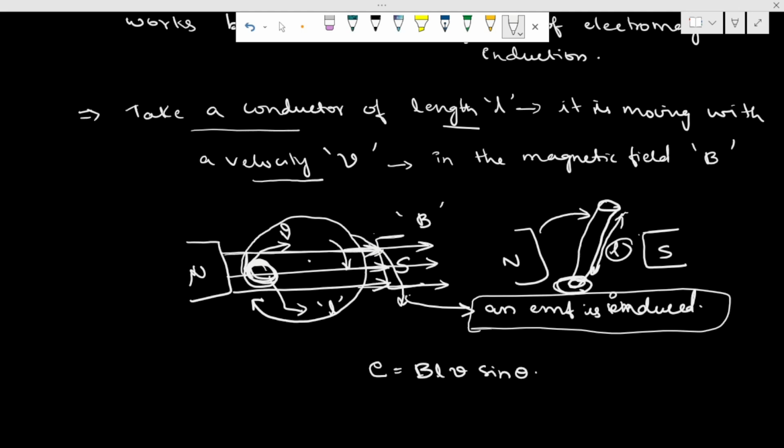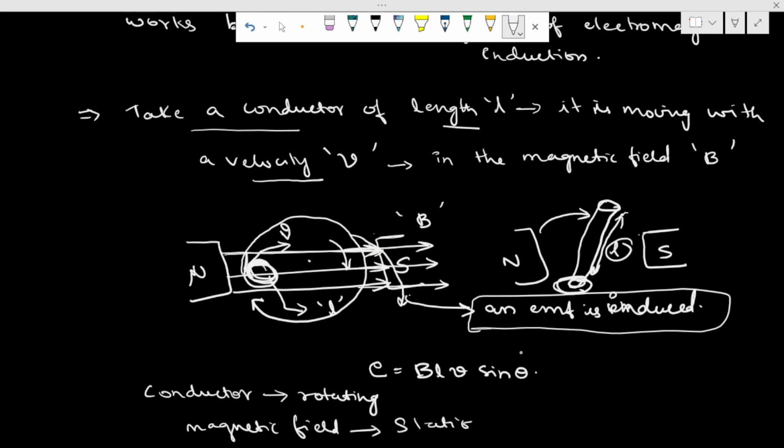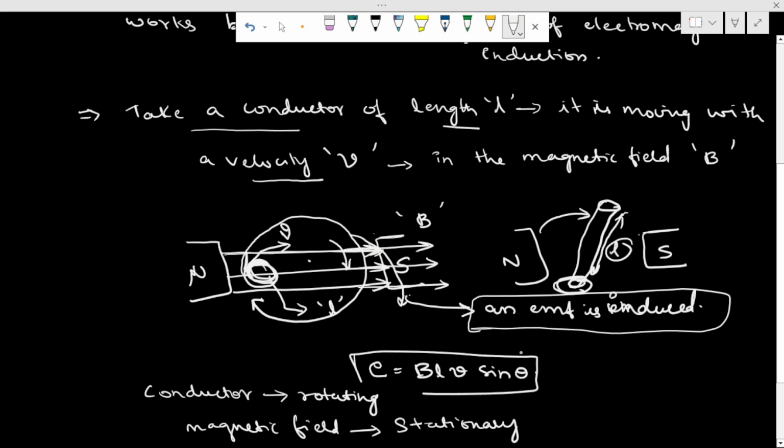In the electric generator, the conductor is rotating and the magnetic field is stationary. This is the magnitude of the induced EMF. This is the brief explanation for the electric generator.